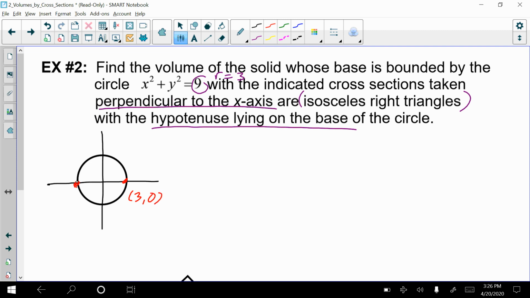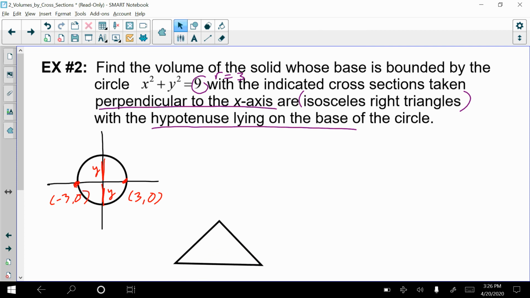And this would be here, (-3, 0). And here we have one y section, and here we have another y section. So that's going to change the way our base is going to look here for the triangle.